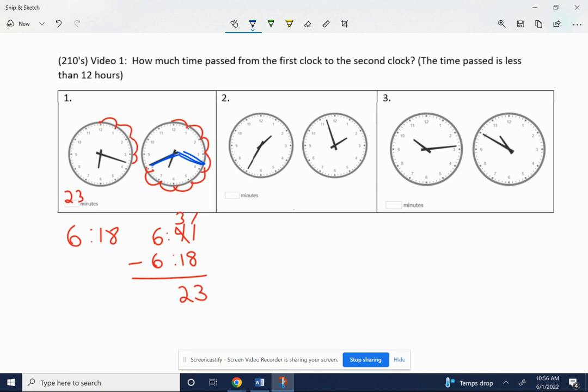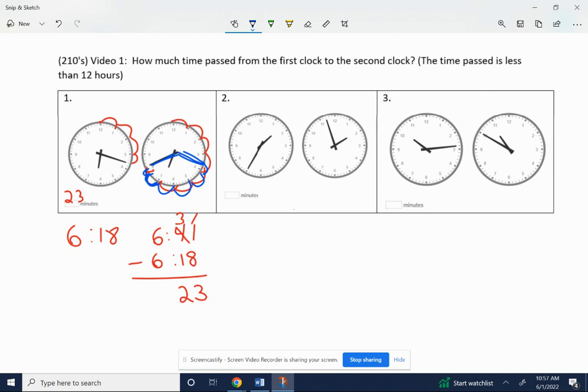Each of these full spaces is worth 5. So there's 5 minutes, 10 minutes, 15 minutes, 20 minutes between the two minute hands. See what I'm doing? I'm just looking at the minute hands for both situations. So that's 20 minutes altogether. There's an extra here, and there's 2 extras there. So 20 plus 3 extras would be 23 minutes. So it's still 23 minutes, but just another way you may want to think about trying to do these.